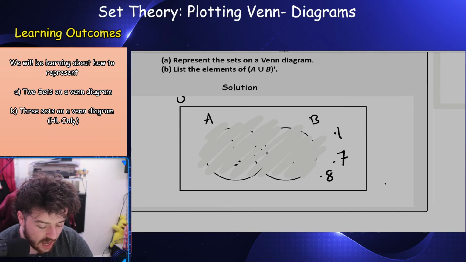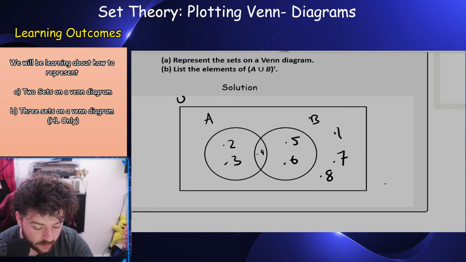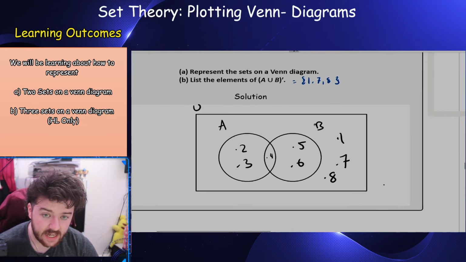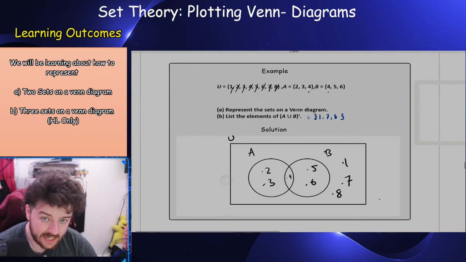What do I have left? I have 1, 7, and 8 left. So therefore, my A union B complement is equal to 1, 7, 8. And that's how you plot two Venn diagrams. So that's easy peasy lemon squeezy.